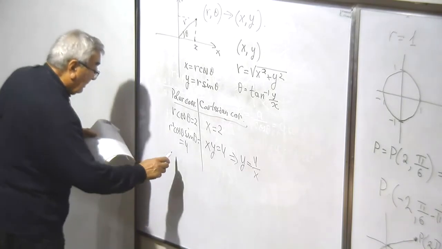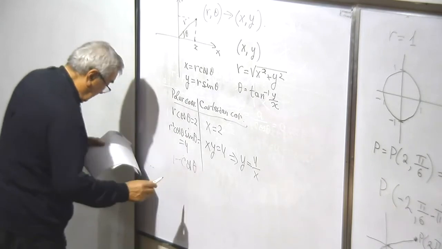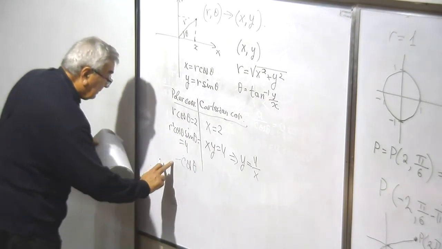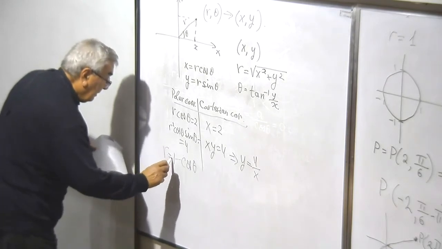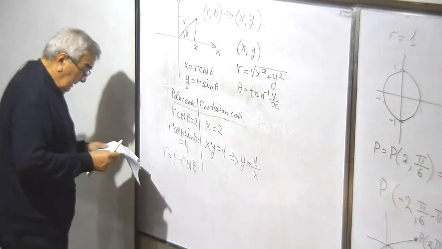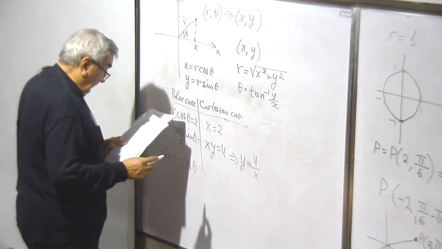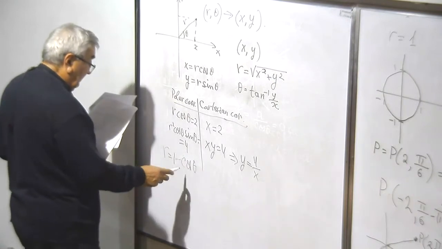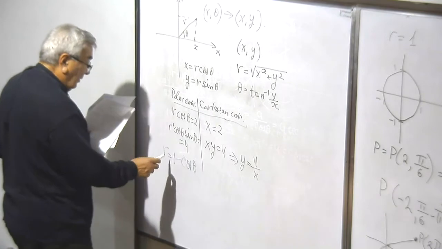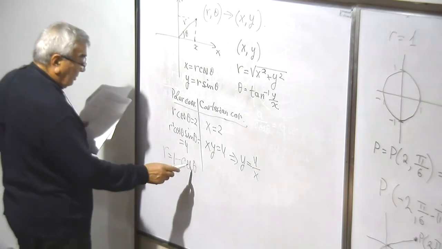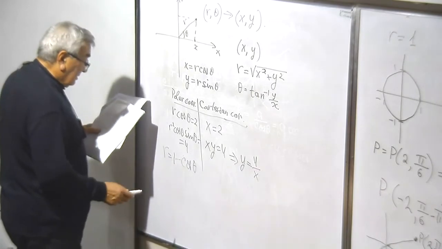And last this one, r equal to 1 minus cos theta. That means if I simplify this, to find the x it is necessary from this relation to multiply by cos theta, and to receive the y, multiply by sine theta.